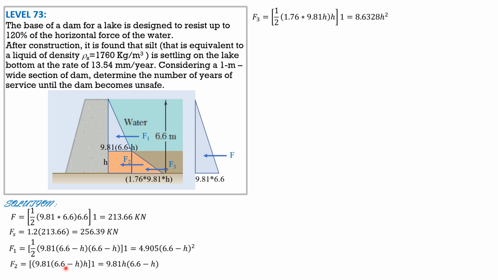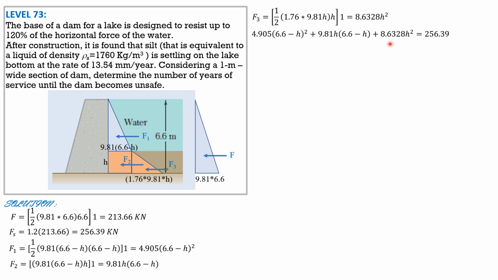So adding F1, F2, and F3 and equating to 256.39: 4.905 quantity 6.6 minus H squared plus 9.81 H times quantity 6.6 minus H plus 8.6328 H squared equals 256.39.